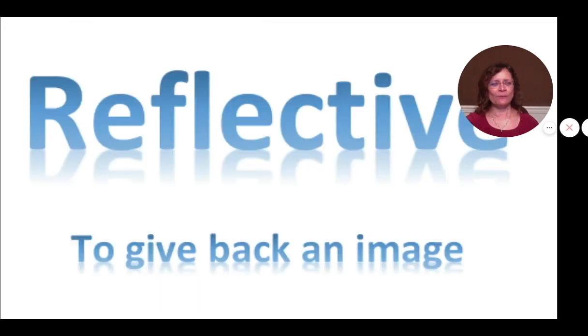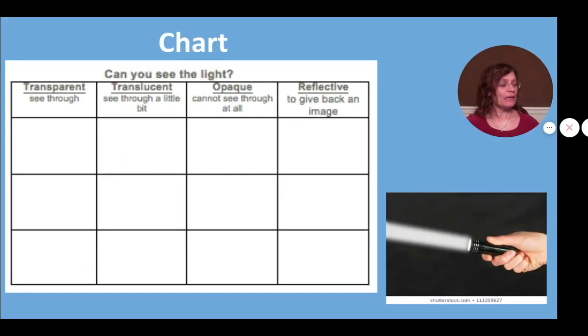And reflective, which means to give back an image. So take a flashlight if you've got one. If not, you can use the flashlight on a cell phone if you have that. Turn it on and test the different materials in your butterfly.